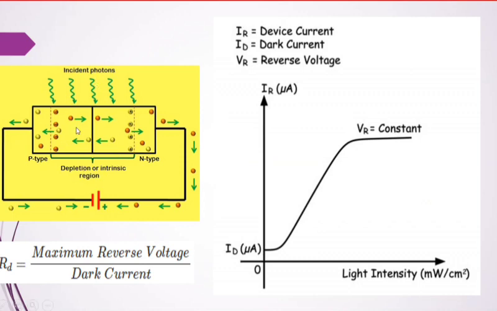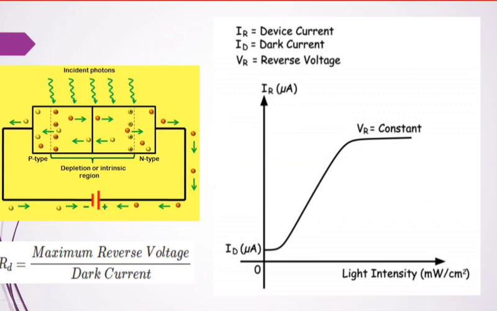Okay, then we are going to introduce the incident photons falling on the junction, which is exposed to the sunlight. What will happen at the time of exposure? The photons are irradiated on the junction, which is connected in reverse bias condition. The current flow is very minimal.